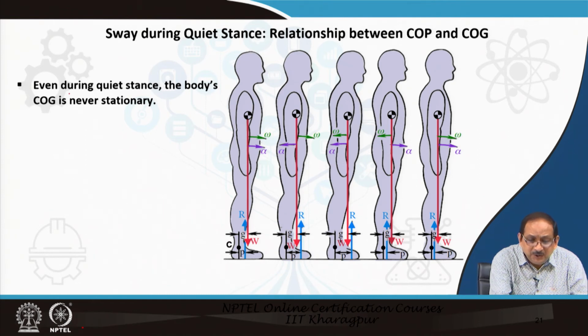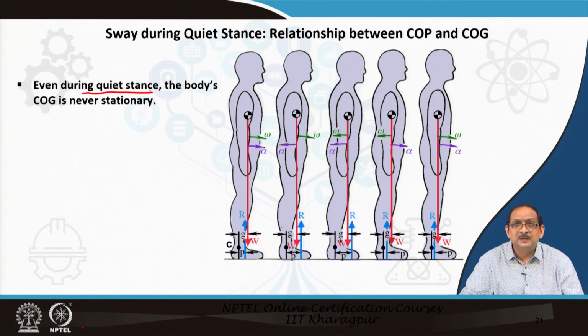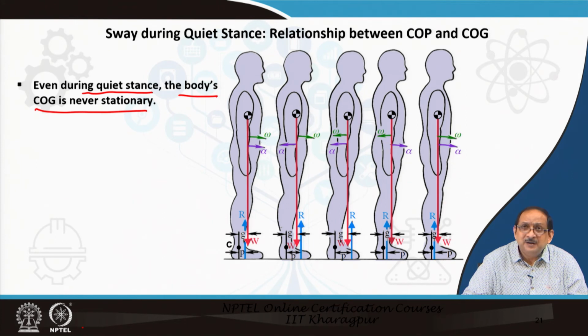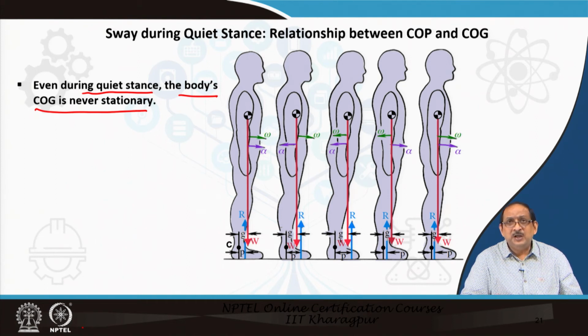Even during the quiet stance, when we are actually standing on both feet, the body's center of gravity is never stationary. So, let us look into the mechanics involved in the system.